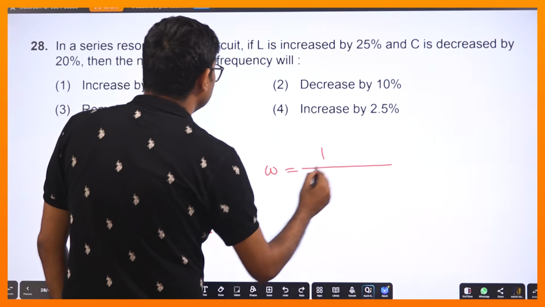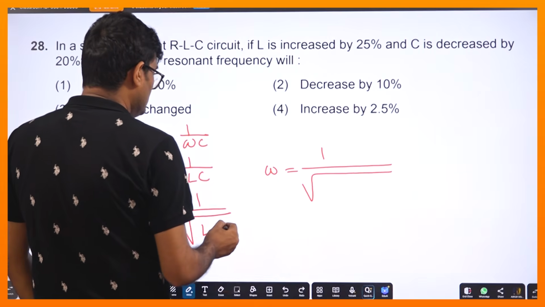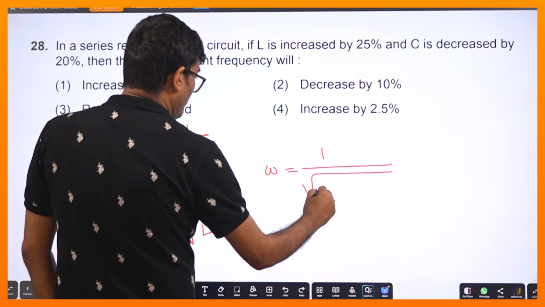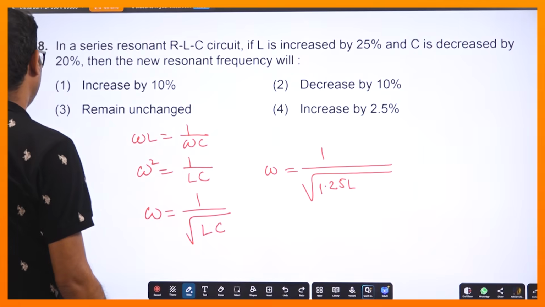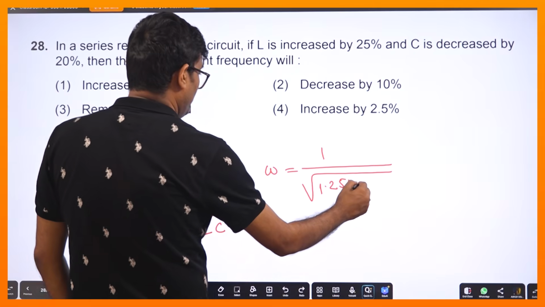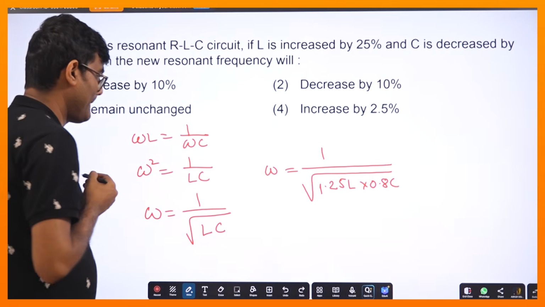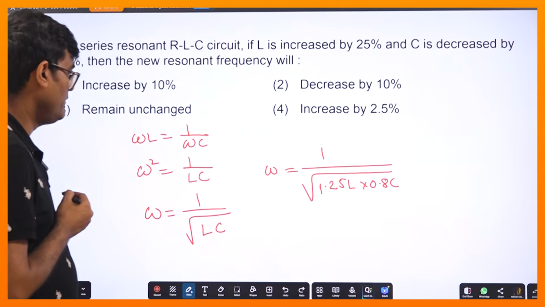If L increases by 25%, that means if it was 100, it's 125, 1.25 L, and C decreased by 20%, that means it is 0.8 C. What is the new resonant frequency?